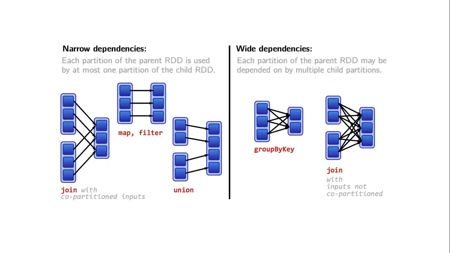Okay, so I mentioned transformations and actions. Transformations are also called lazy evaluations, and actions are the ones that actually trigger computations. Now let's look at transformations in some detail.